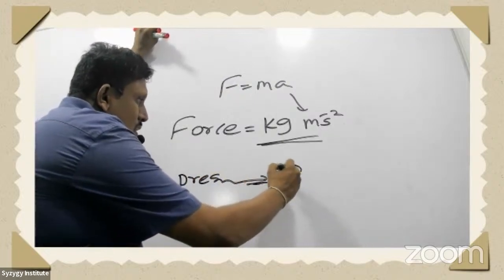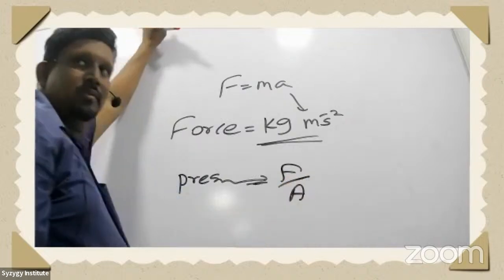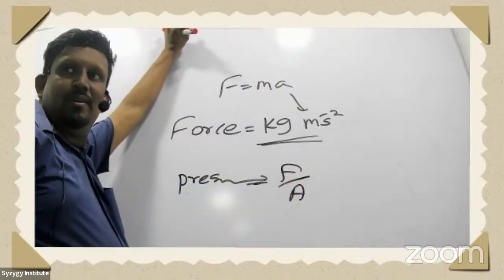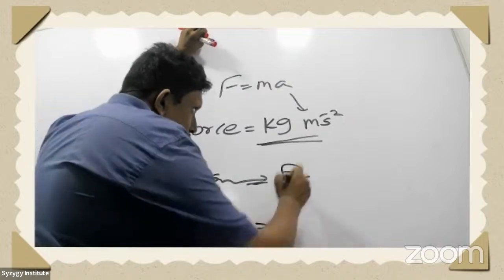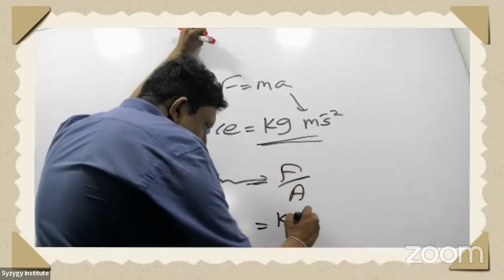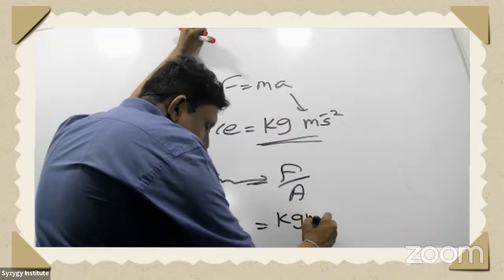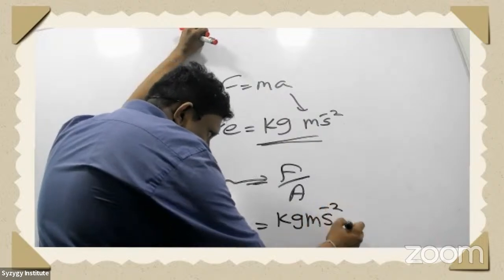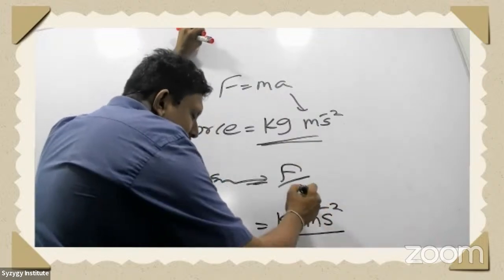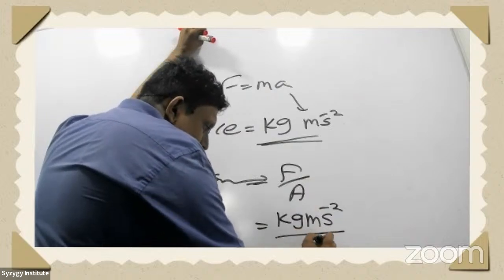Then pressure you can write as force over area. Force you can write as kg ms minus 2, and area in m squared.